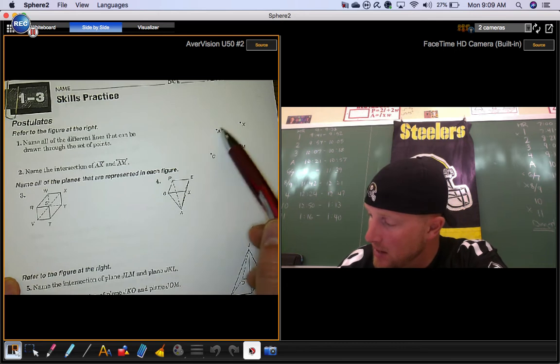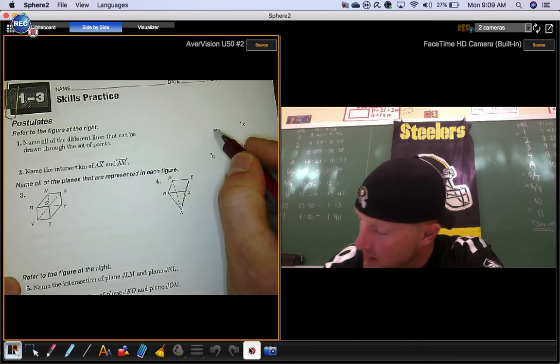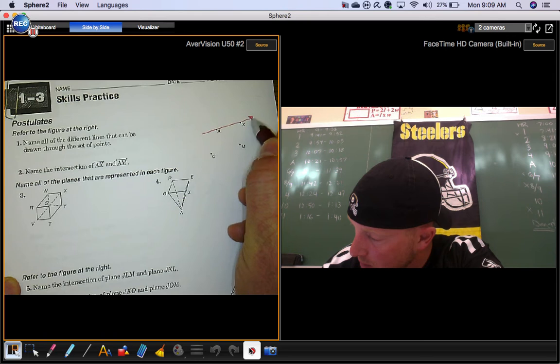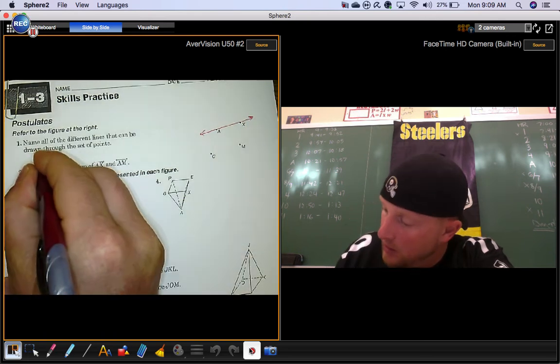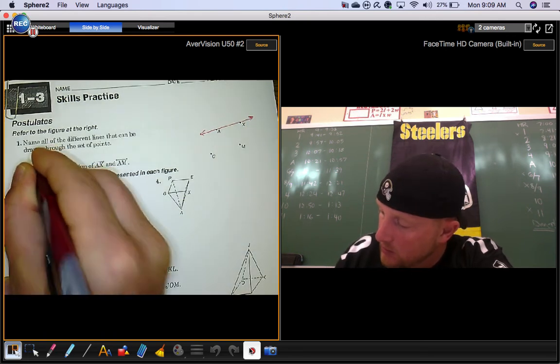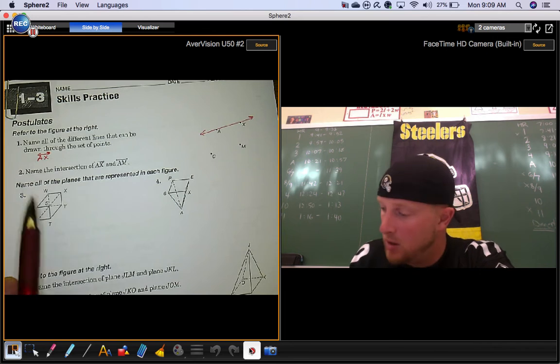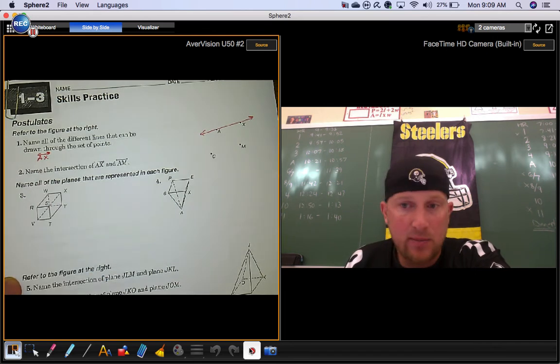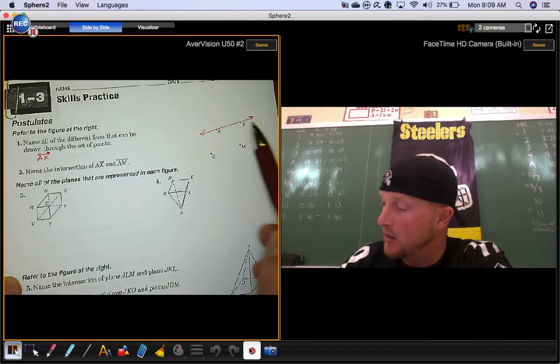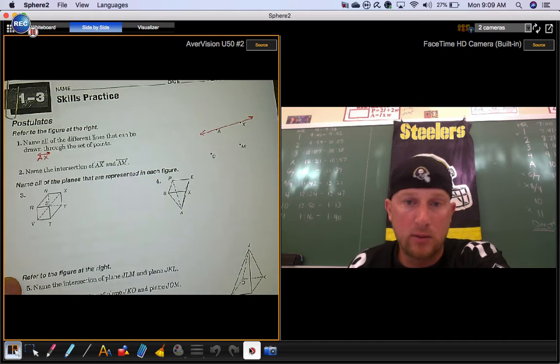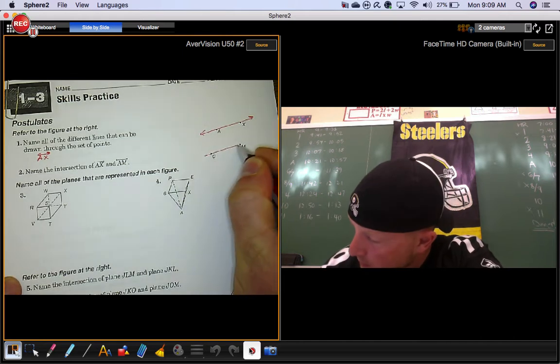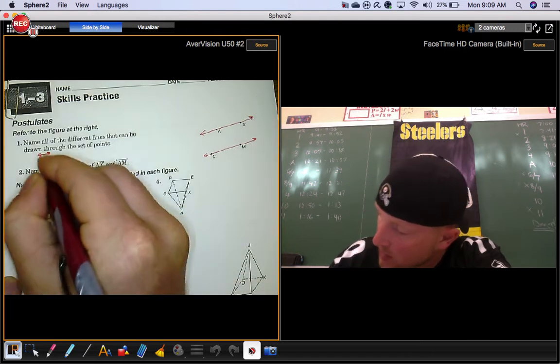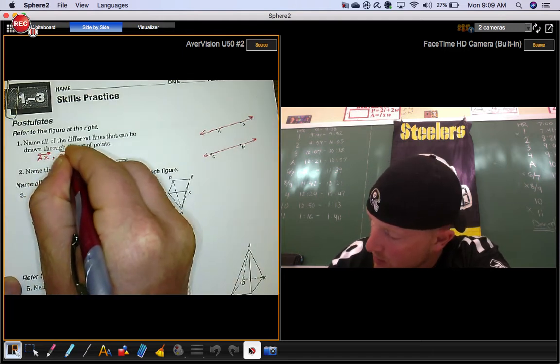So the line that connects points A and X, I'll draw it, that's going to be named line AX. And that's what it looks like when you write it. Make sure you have the arrowhead on each side. If you want to switch these letters, you can. It names the same line. There's another line, CM.